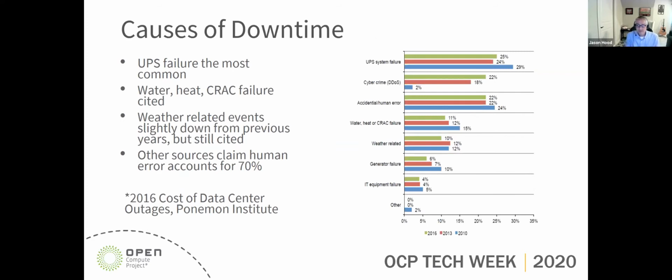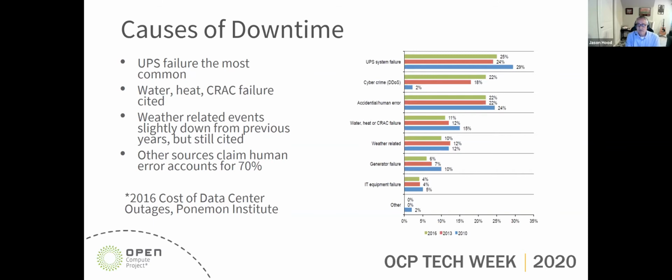So what are the causes of downtime? Most sources will cite the fact that most downtime is caused by human error. In relation to this paper and what we're discussing today, we're not going to talk about human error, but we're going to look at some of the other factors that cause downtime.